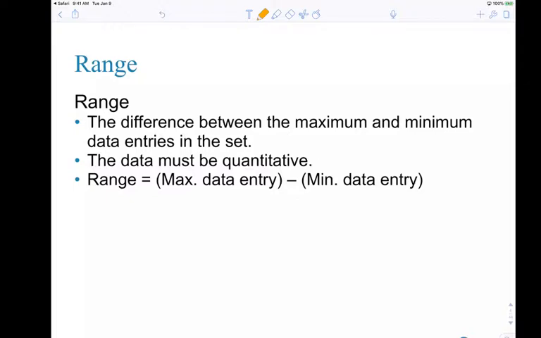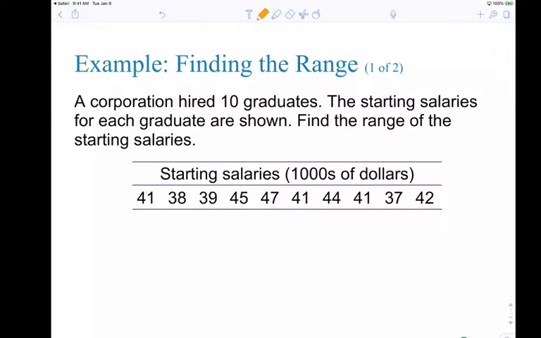So the range of the data is going to be the difference between the max and the min. If you want the range, it's the max entry minus the minimum entry. That's straightforward. Find the range. What's the max value? 47. What's the minimum value? 37.